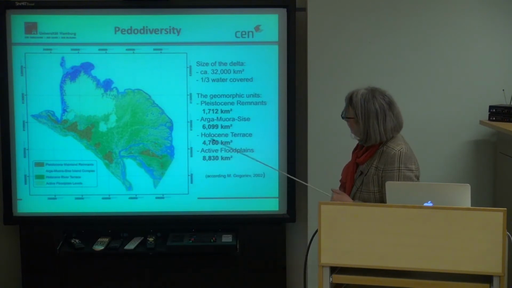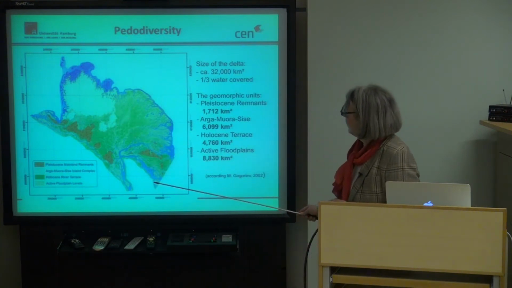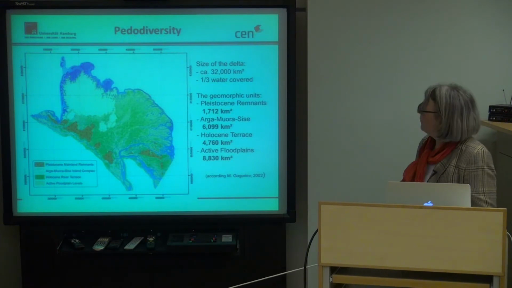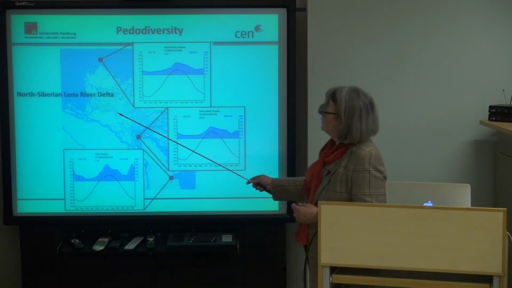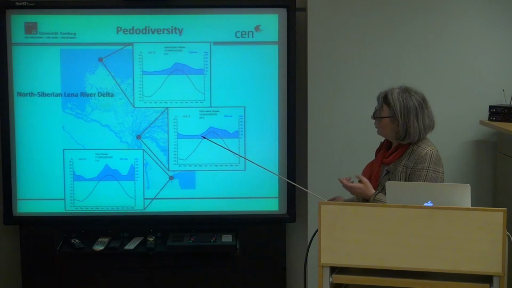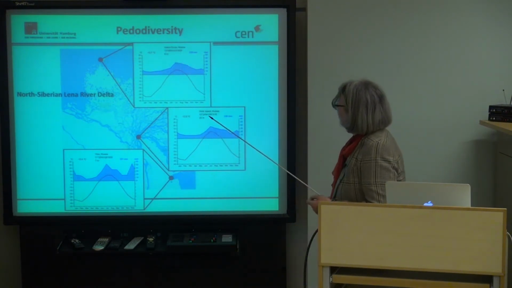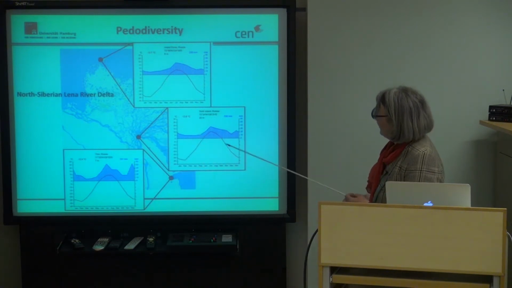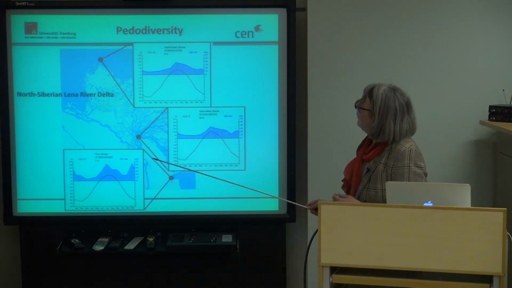I would like to present some of the results we worked on in the Aga and the Holocene terraces, and also of the other Pleistocene units. So that you see, the northern Siberian Lena Delta River, concerning the climate factor, is very close. If you look here at the Dunai Island or at the Stolb Island, you see the pattern of the climatic factors are very similar.